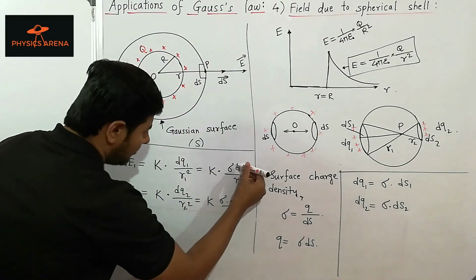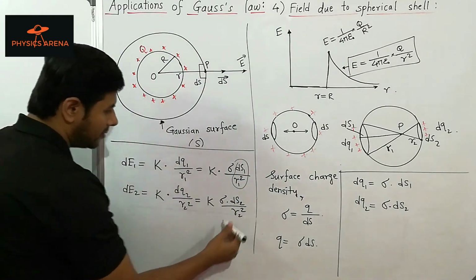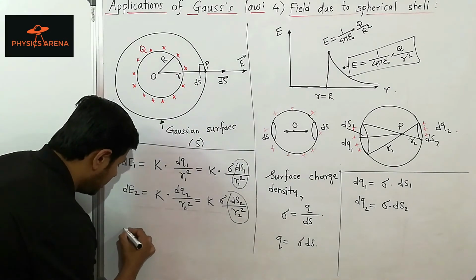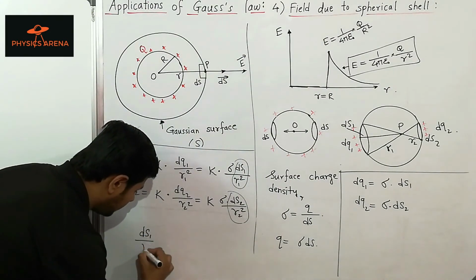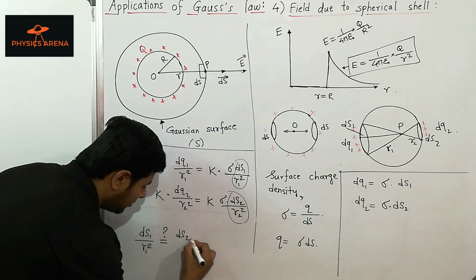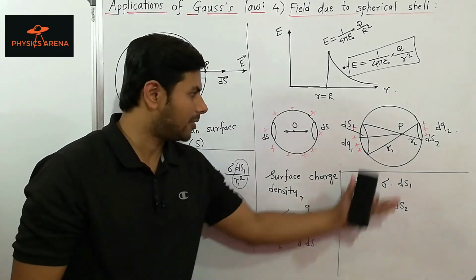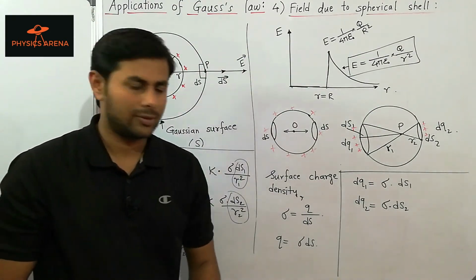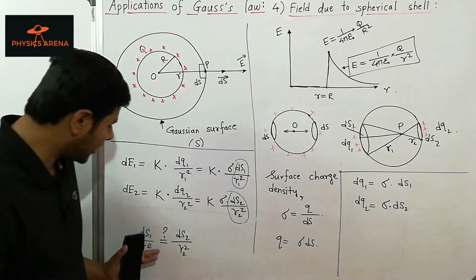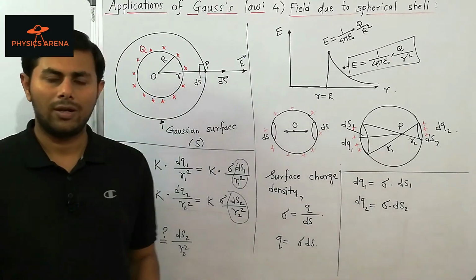That means, since k and sigma are common in both, whether ds1 over r1 square is equal to ds2 over r2 square. If it's equal, then the net electric field at point P is equal to 0.